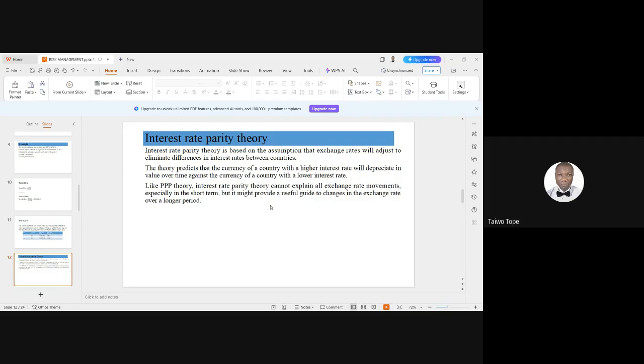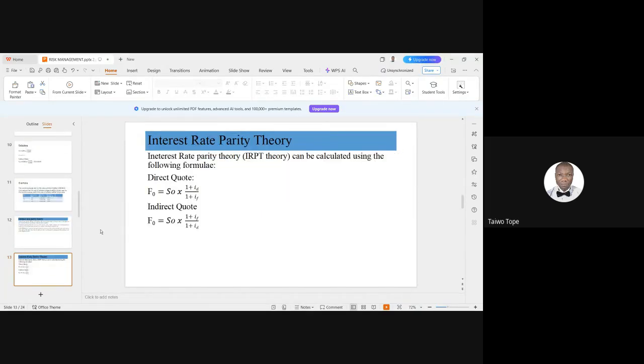So the formula is not that different from each other. This is the formula for interest rate parity theory. Interest rate parity theory can be calculated using the following formula. Direct quotes. For direct quotes, we have it as what?